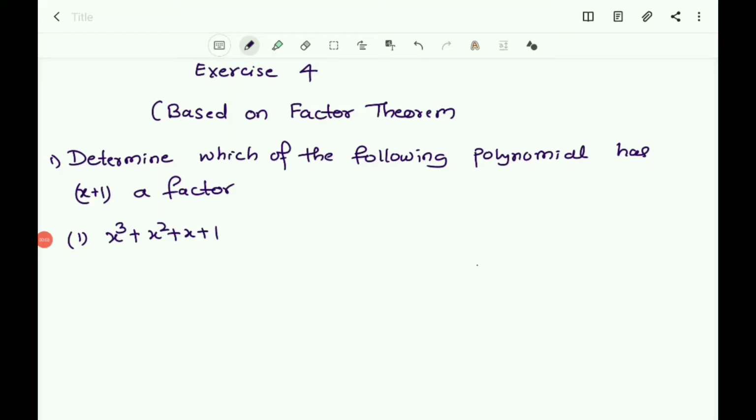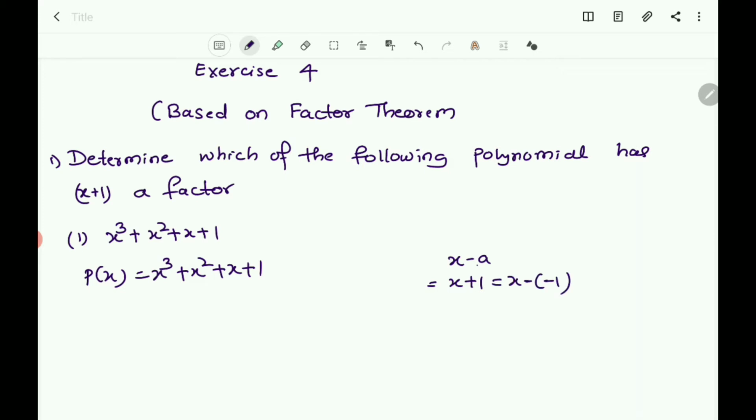The first polynomial is x cube plus x square plus x plus 1, and we have to verify whether x plus 1 is a factor or not. Now let us have p of x equals x cube plus x square plus x plus 1. Here x minus a is equal to x plus 1, that is nothing but x minus of minus 1.